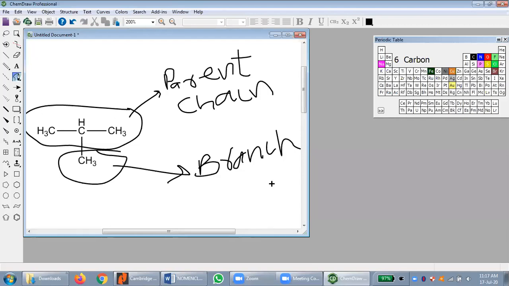You cannot consider the whole larger structure as a branch and the smaller growing part to be a tree. We can't do that. That's how we name it. And in chemistry, it's the same as nature's. The bigger parts of the structure are known as the parent chain structures, and the smaller outer structures are known as branches. Are we clear?